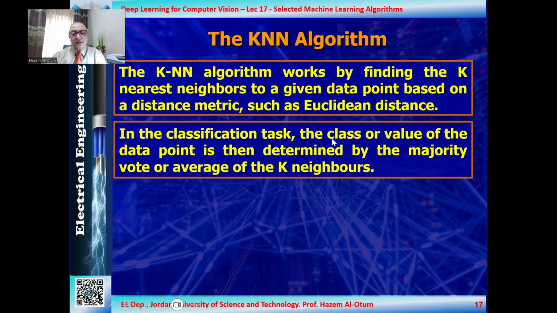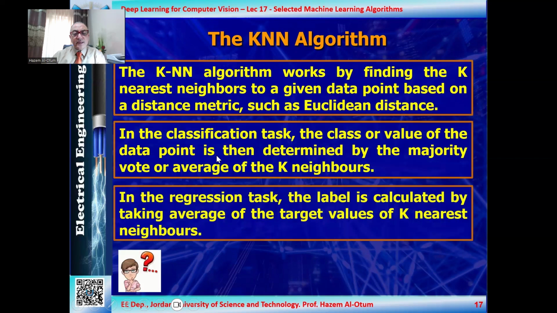In a classification task, the class of the data point is then defined by the majority vote or average of the k neighbors. We'll see this in the next slides. In a regression task, the label is calculated by always taking the average of the k nearest neighbors. So we have to distinguish between two types of tasks.